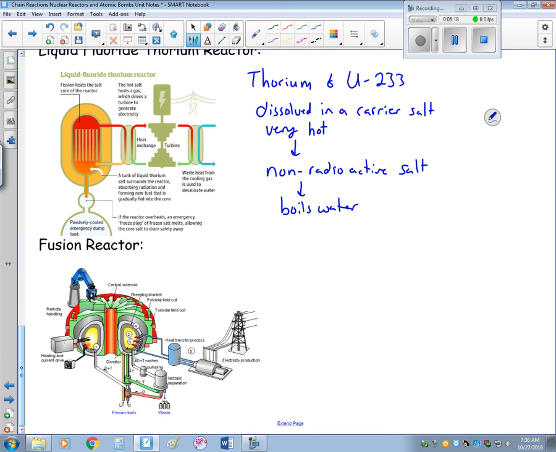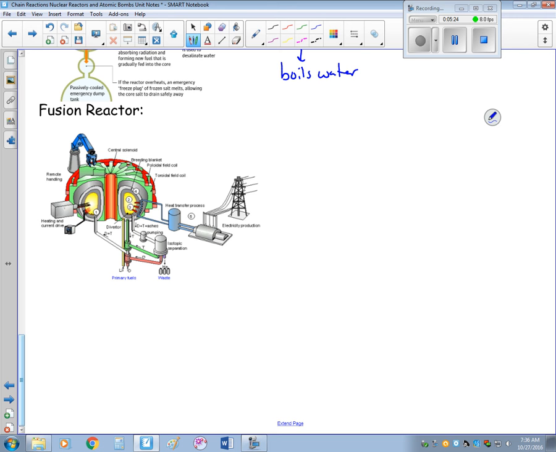The next type is another theoretical one. This is a fusion reactor. For elements lighter than iron, the fusion reaction is exothermic, so heat can be used to boil water.